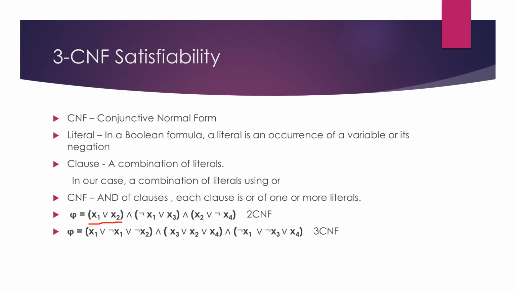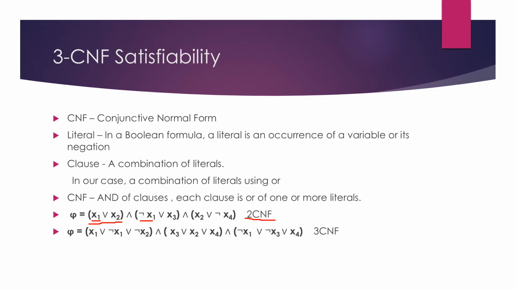Each clause has two literals. Clauses are connected to each other by an AND. Here we can see that each literal is either a variable or its negation, for example we have x1 and we have not x1. In the formula, each clause has two literals, so this formula is called 2CNF.